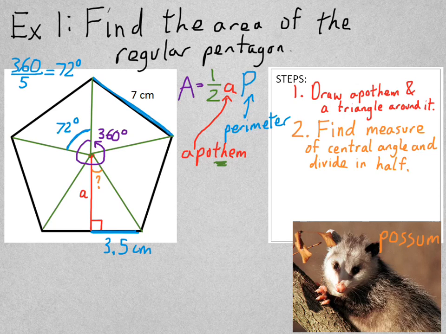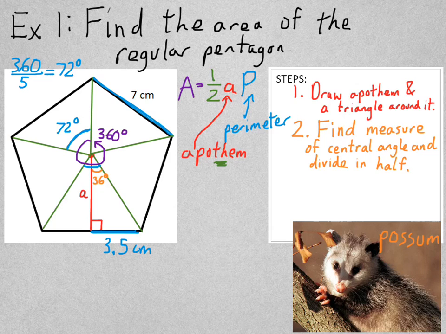So to find one central angle, I could divide 360 by 5. So the measure of one of those angles in the center is 72. Now, that's not the same as the measure of the angle that I'm looking for. That 72 is the measure going across both of those right triangles. So dividing 72 in half would give me the angle that I want, which is 36 degrees there.